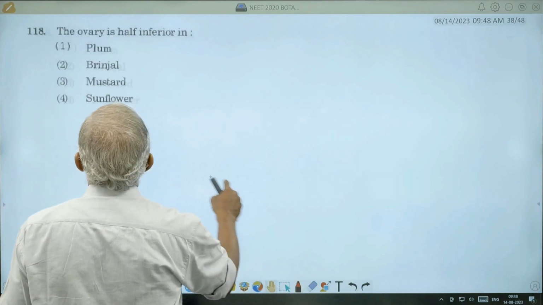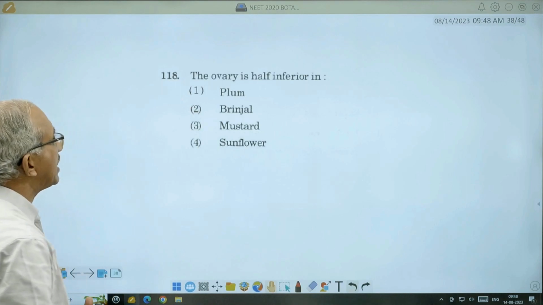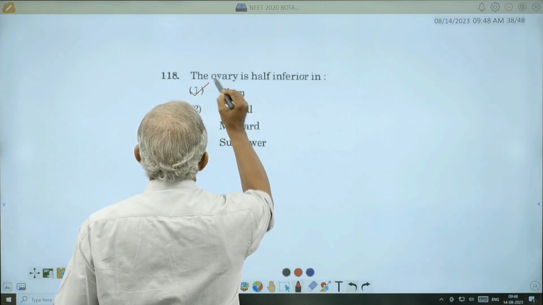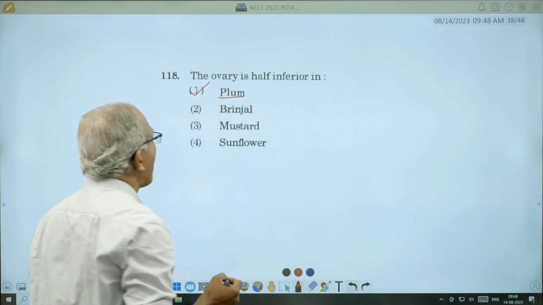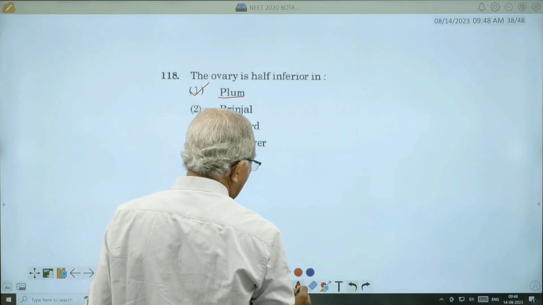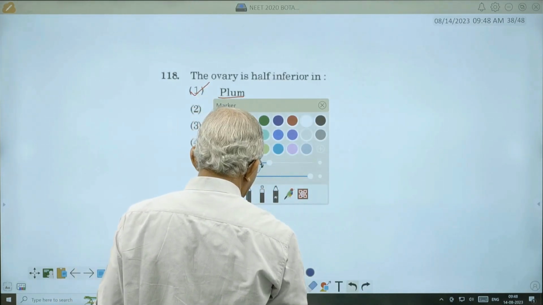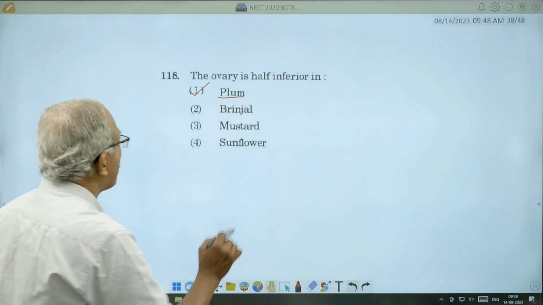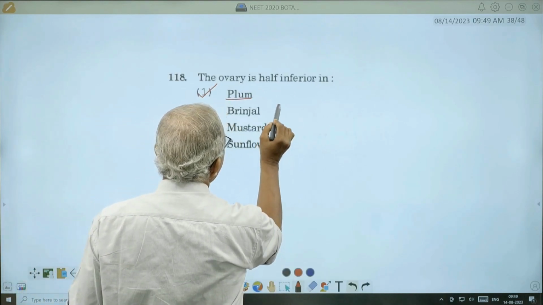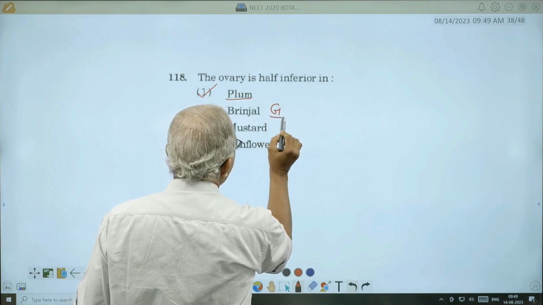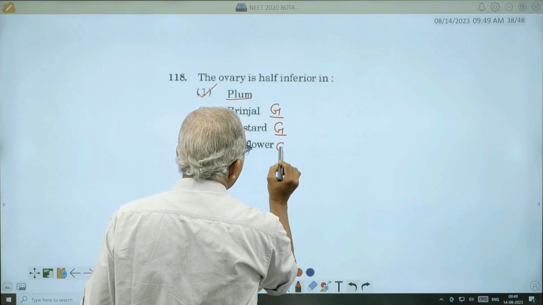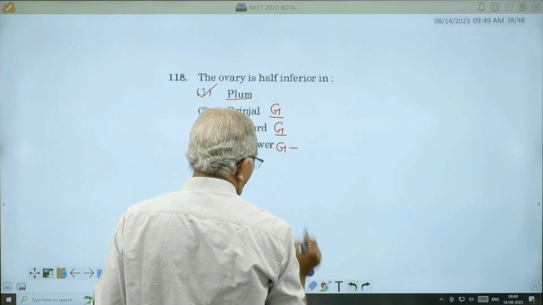Next, the ovary is half inferior in plum. In brinjal, the ovary is superior. In mustard, the ovary is superior.